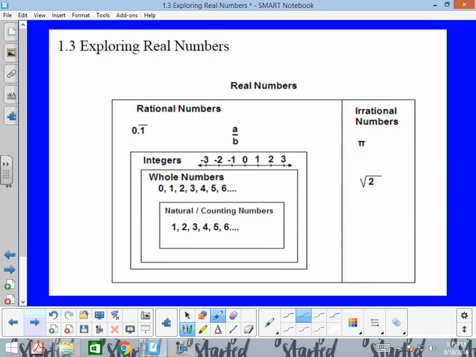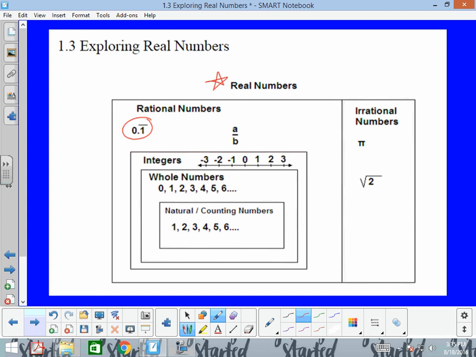Okay, so let's just look at a mapping of real numbers. This is the set of all the real numbers that you're going to be seeing this year. Real numbers, remember, they are decimals that repeat. They're also decimals that terminate.